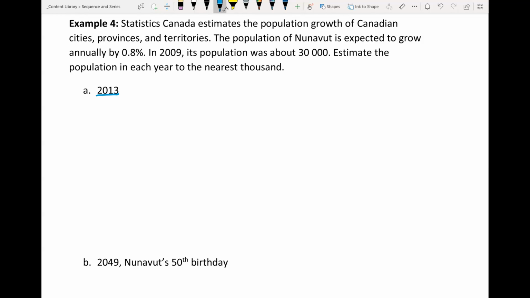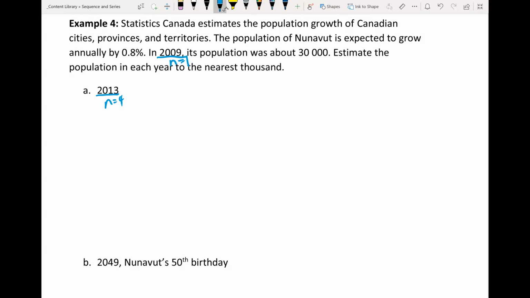So if we're looking at each year, this would be T1 as our first term, or as our 1. So this is their first year, where n is equal to 1. And then if we count the number of years after that, this will be n equals 4.